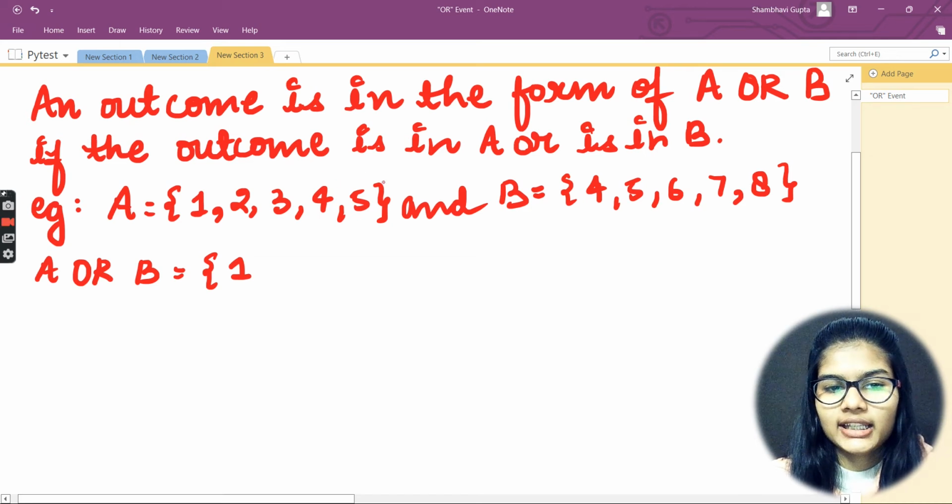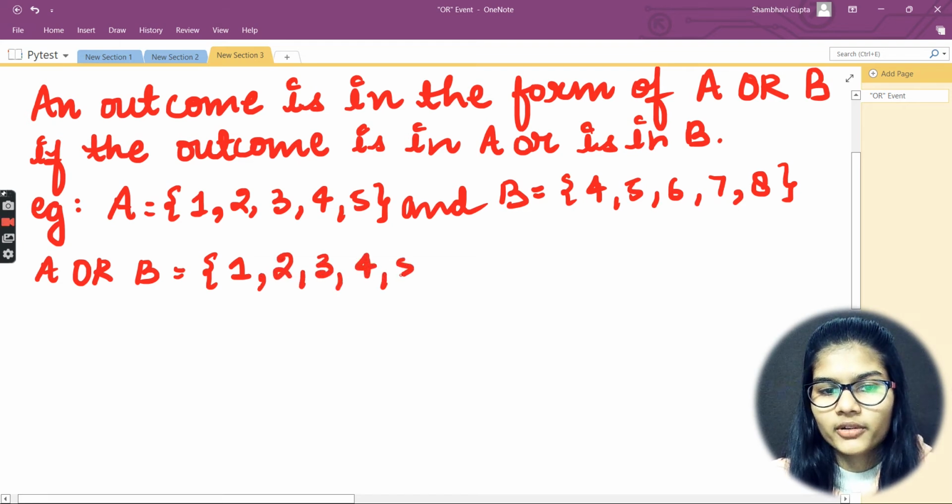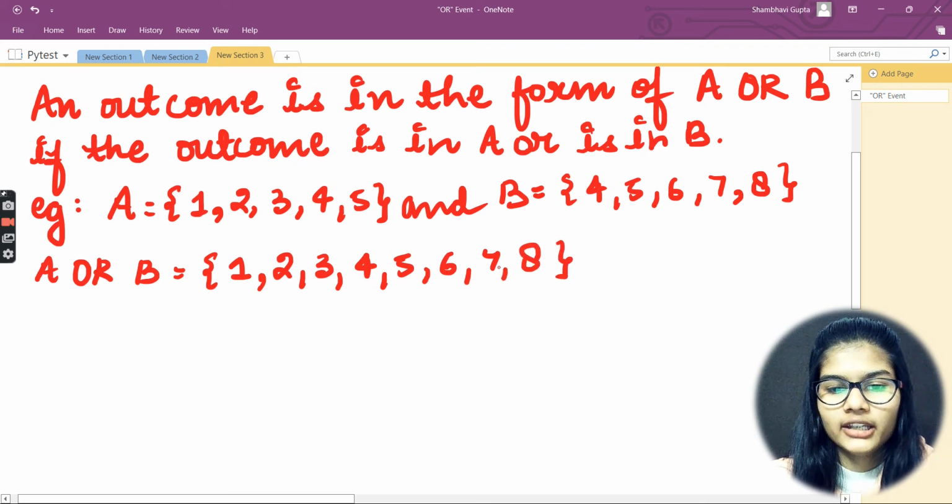So it will be in the form 1, 2, 3, 4, 5, 6, 7, 8. This is how A or B will be.